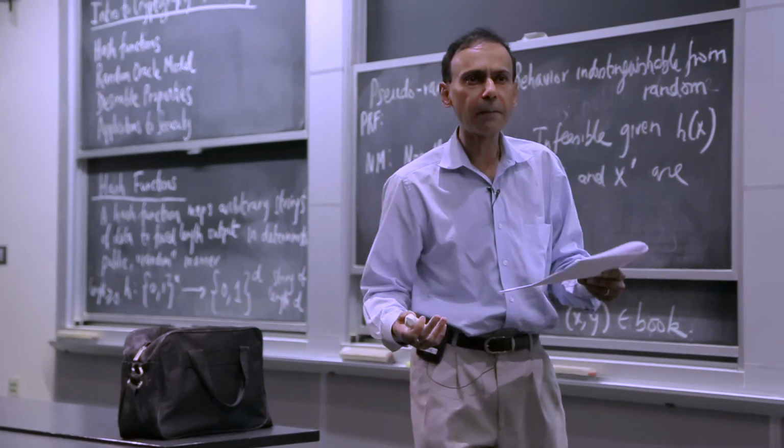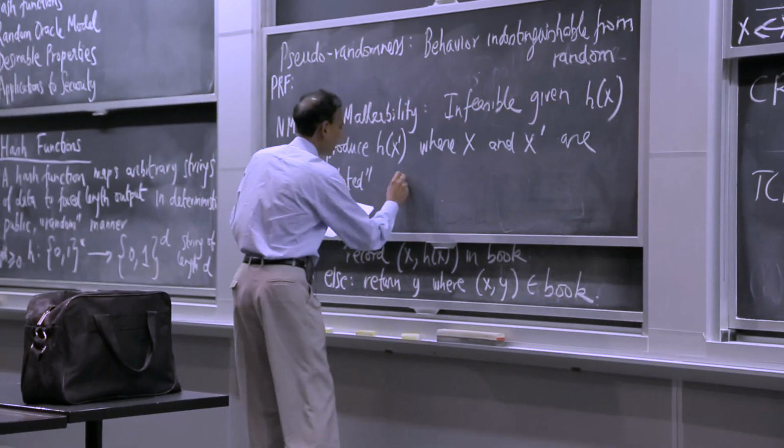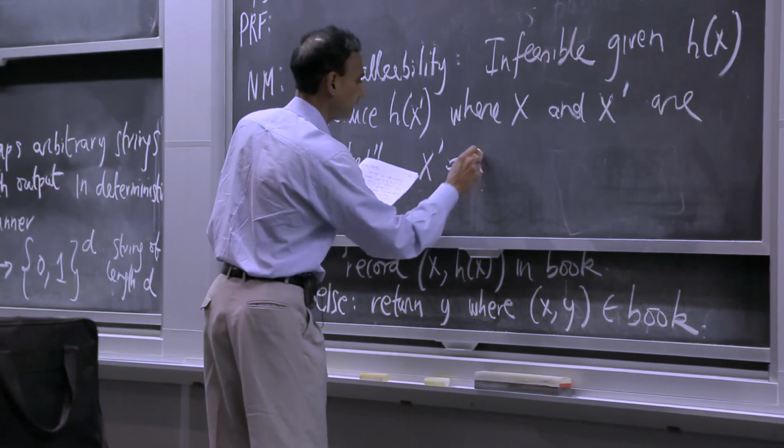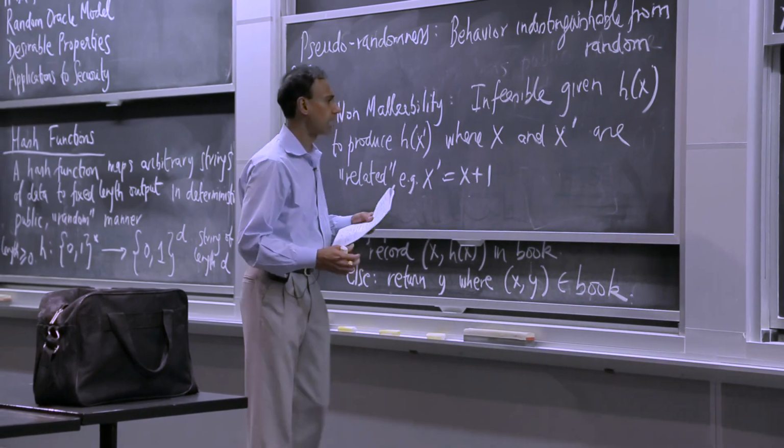So a concrete example of this is, let's say that x prime is x plus 1. So this is a reasonable example of this.